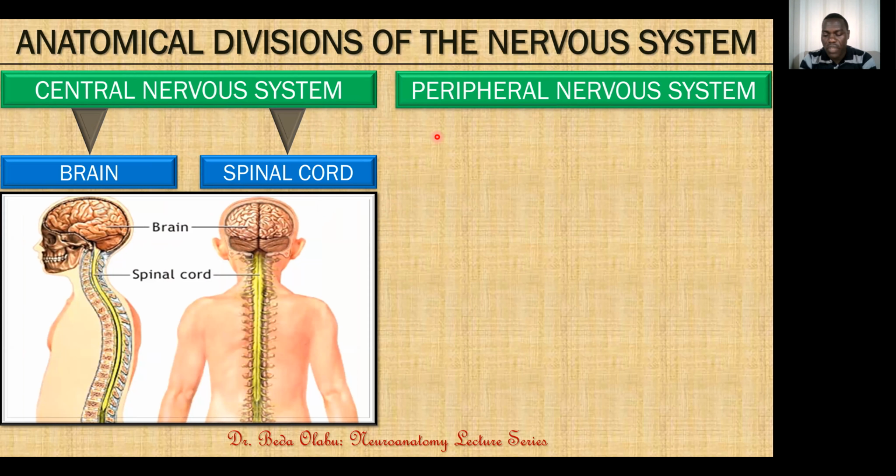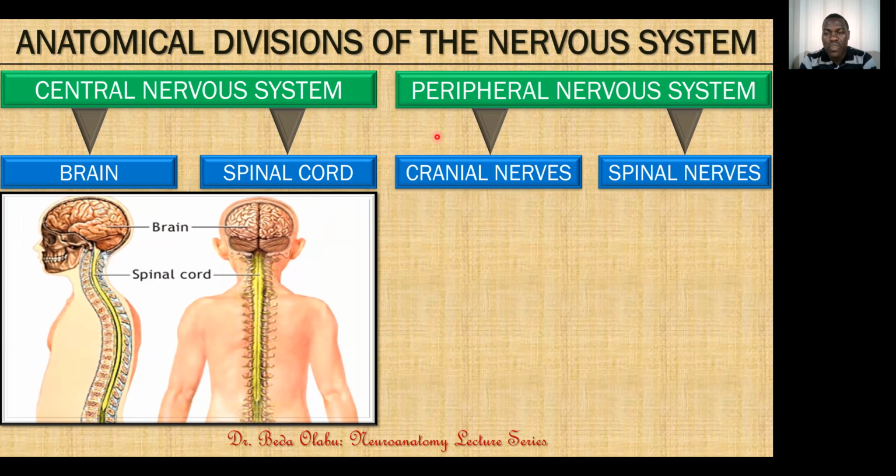When you talk of peripheral nervous system, we are referring to cranial nerves as well as spinal nerves. Peripheral nervous system refers to basically nerves which are outside the brain, outside the spinal cord. So we name them according to where the nerves come from.